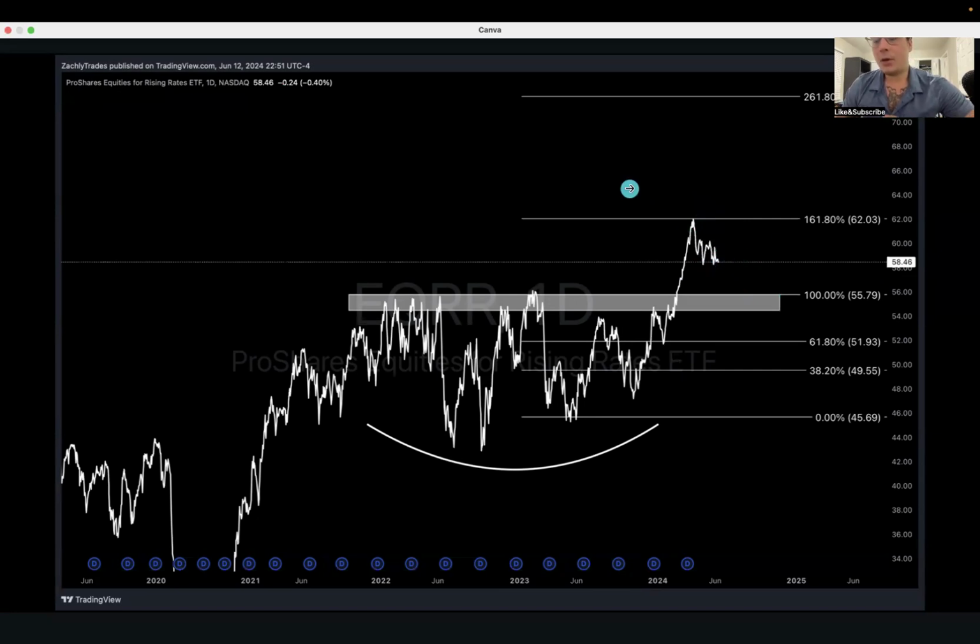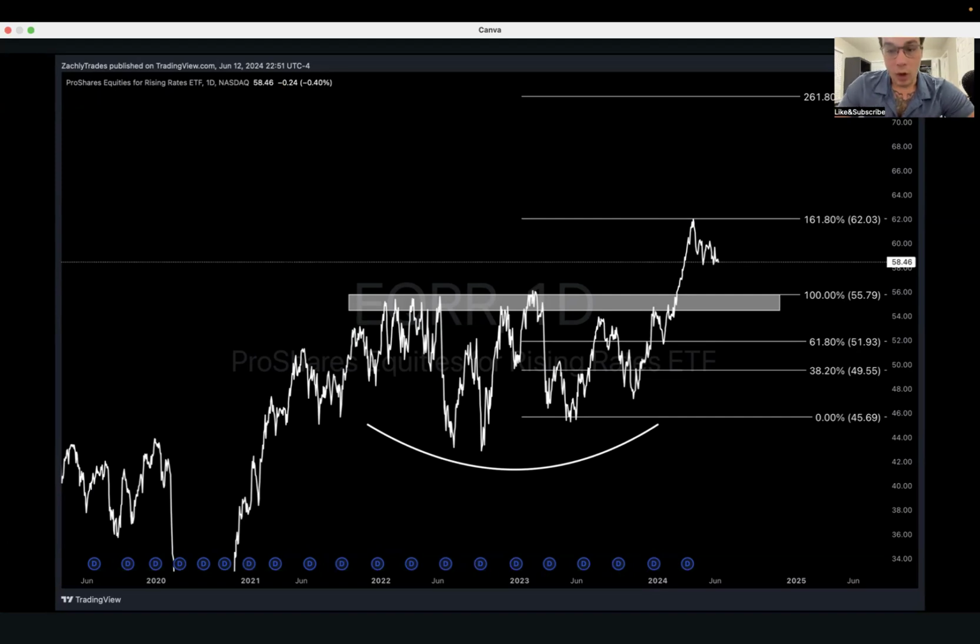Now, I know we talked about bearish patterns tending to fail in bull markets, right? The EQRR is an equities for rising rates ETF, okay? Meaning that this ETF is constructed to go higher when the market thinks that we're going to see higher for longer rates, and a rising interest rate, rising treasury yield environment.